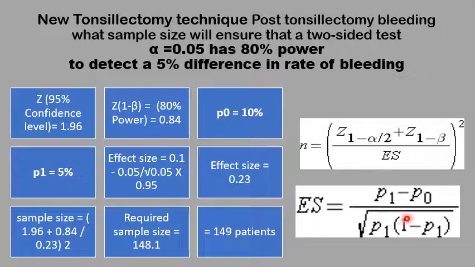And this would be 5%, this is 0.05, divided by the square root of P1, which is 5%, multiplied by 1 minus 5%, this would be 0.95. We take the product of these two, obtain the square root of it, and divide the difference between the two proportions by that square root, and the effect size obtained was 0.23.